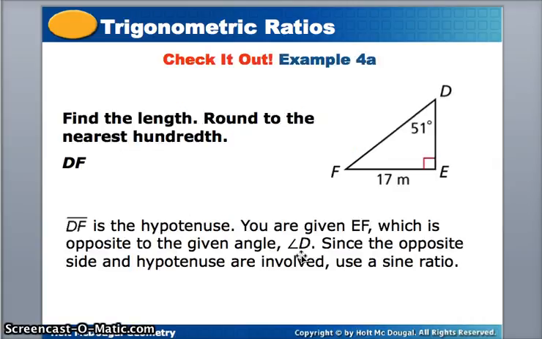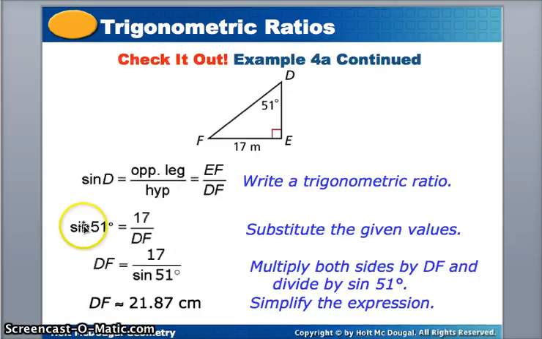Alright, so example 4. The first one, find DF. DF is our hypotenuse. We're given 51 degrees and 17. Alright, 17 is opposite that 51. We're trying to find the hypotenuse, so we'll need to set it up as sine. Sine 51 equals 17 over x, and you can put x here if you want to.